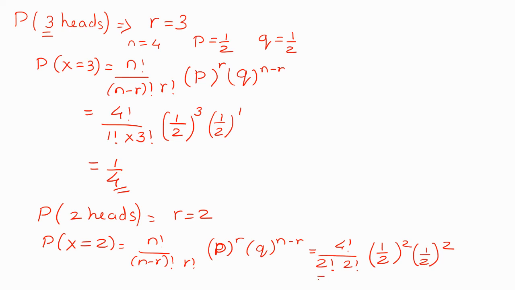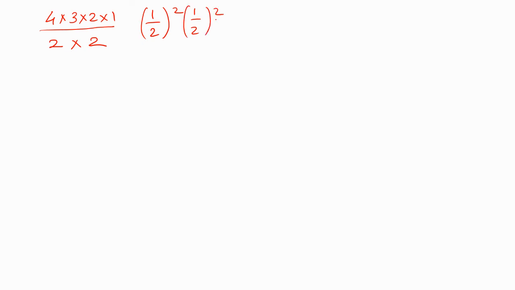Now this comes out to be 4 into 3 into 2 into 1 upon 2 factorial, which is 2 into 1, that is 2, into 2 factorial, which is 2 into 1, that is 2, then 1 by 2 raised to square. Now this 2 will cancel with this.